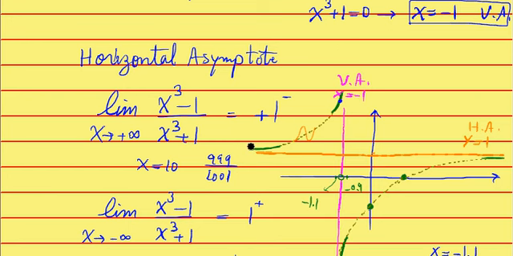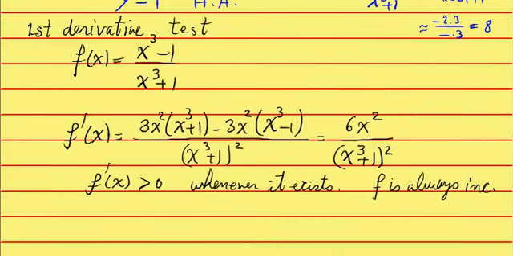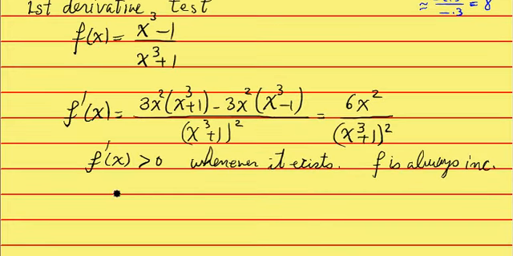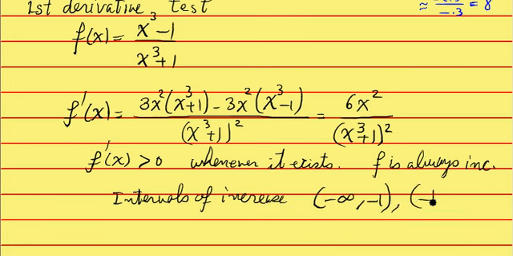It is separately increasing here and there. These two portions do not talk to each other. So we have to specify like this: intervals of increase from minus infinity all the way to minus 1, and then from the other side of minus 1 all the way to infinity.